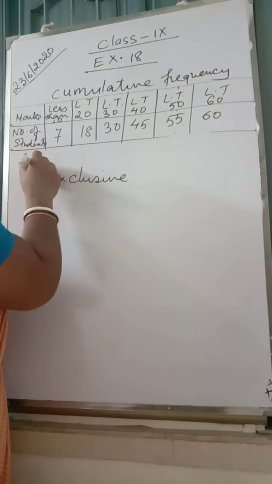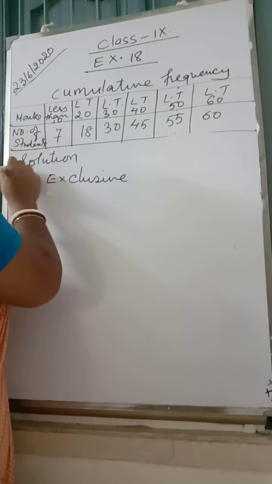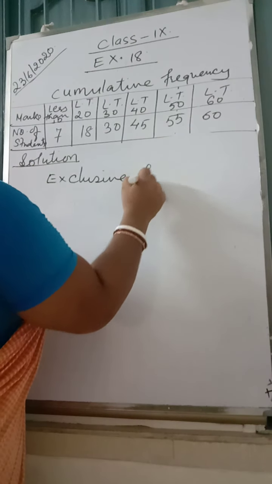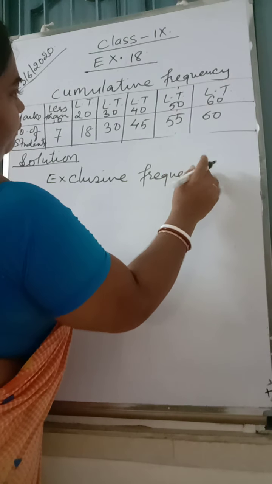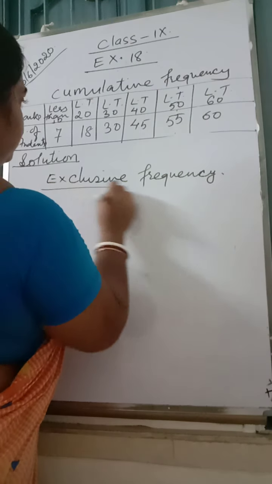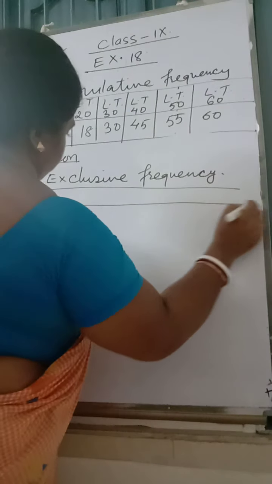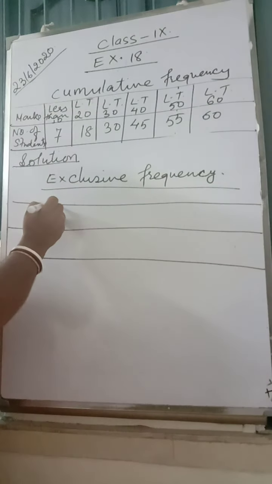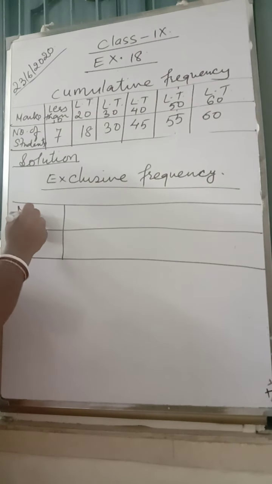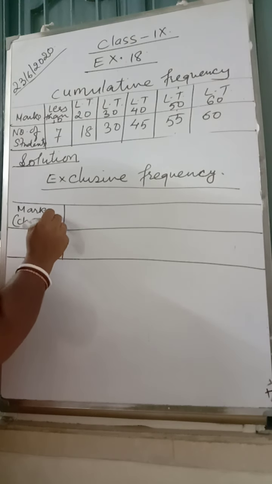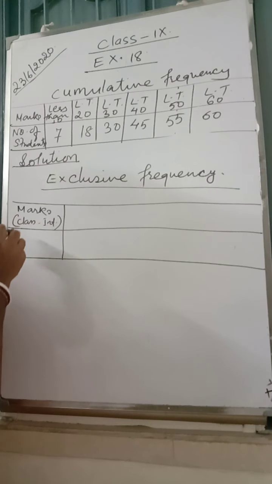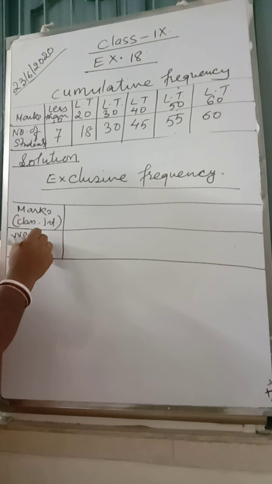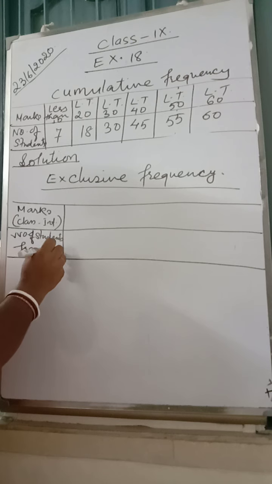This is the question we have. Then we have to write the solution also. What we have to do? We have to convert it into exclusive frequency. Then we have to write the marks, or the class interval, it is the same thing, and this is the number of students, or frequency, the same thing.